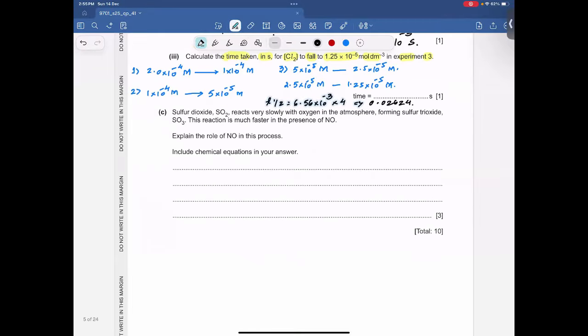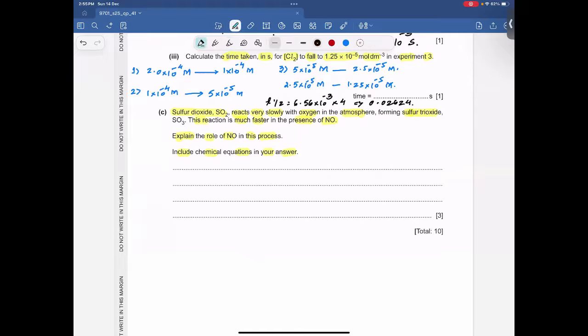Now, in the next part of the question, sulfur dioxide reacts very slowly with oxygen in the atmosphere, forming sulfur trioxide. This reaction is much faster in the presence of NO. Explain the role of NO in this process. Include chemical equations in your answer.